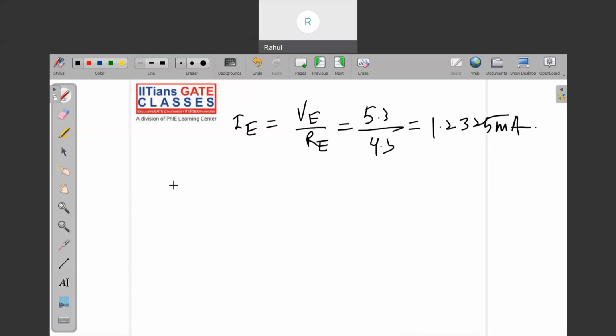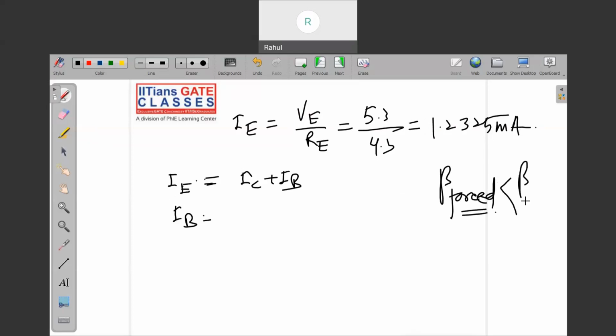And you can use the equation IE equal to IC plus IB. From here we want IB because we want to find beta forced, and beta forced should be less than beta active for saturation.